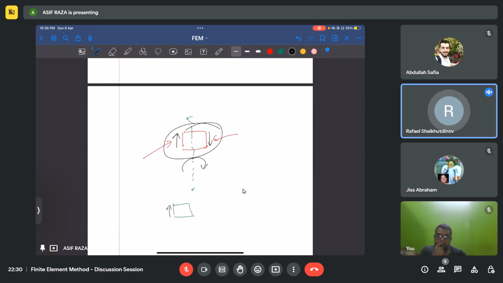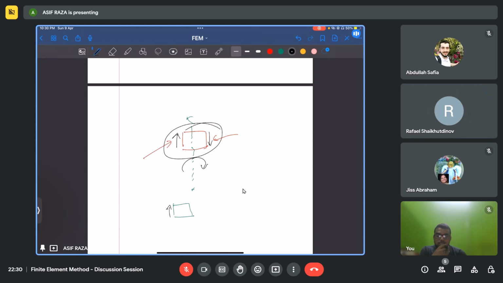Are you considering equilibrium there? So finally equilibrium would come into play, isn't it? I did this because this is fixed, for the case of a cantilever. Yes.